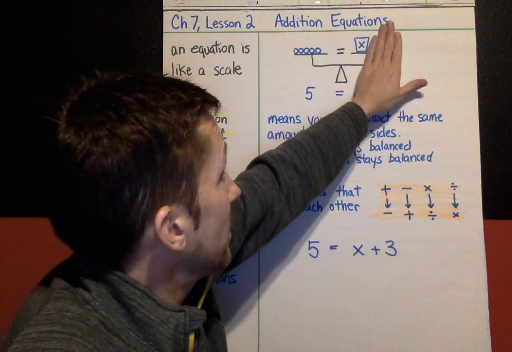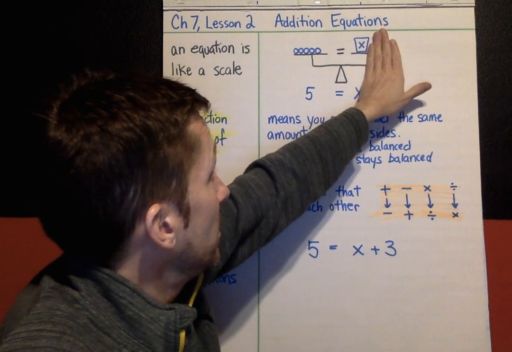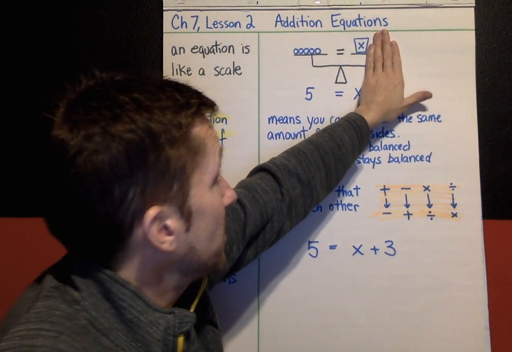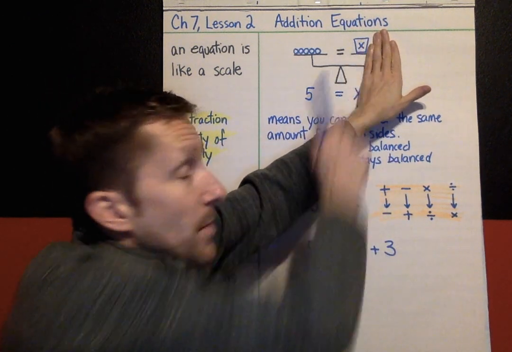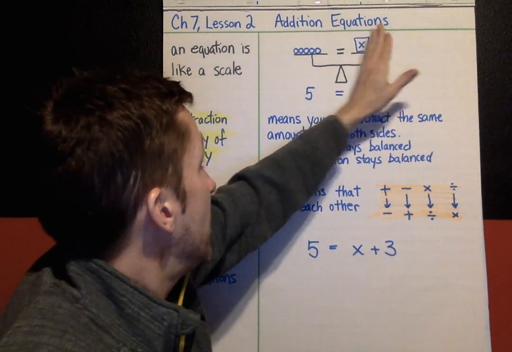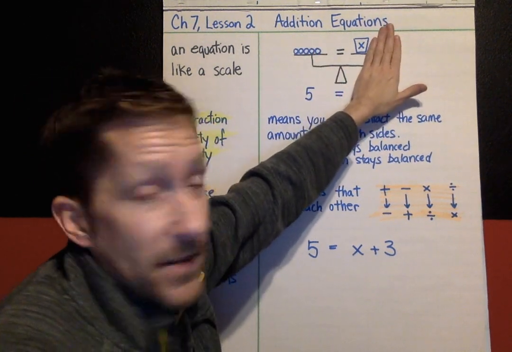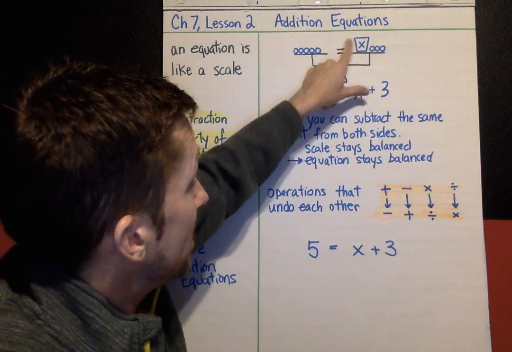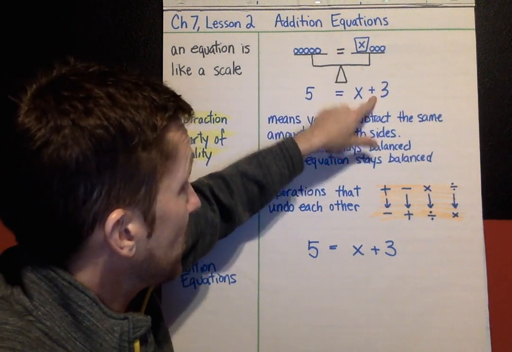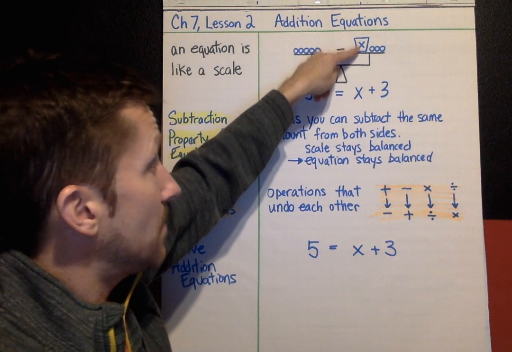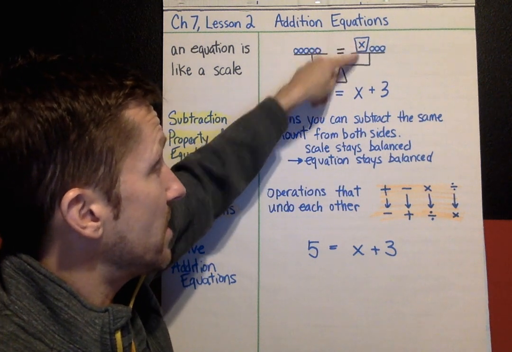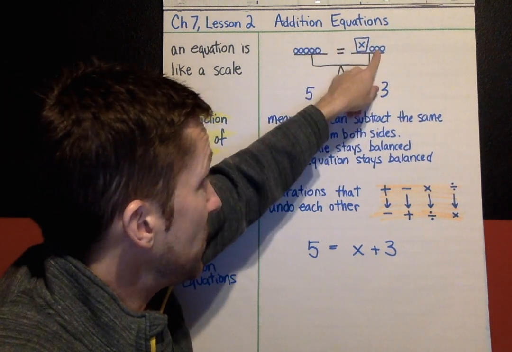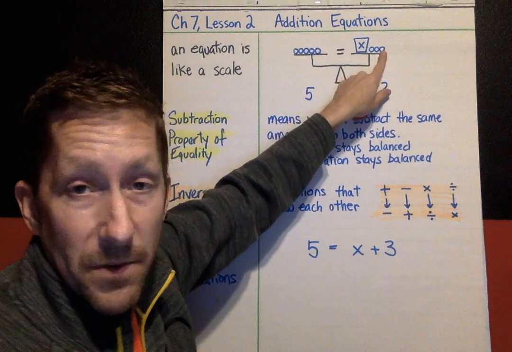I'm looking at my variable. I want to get the variable all by itself, because if I can get just the cup on this side of the scale and something on this side, then I figured out what's in the cup. So I look at my diagram and my equation, and I see that x, some unknown number in the magic cup, has 3 being added to it. 1, 2, 3.